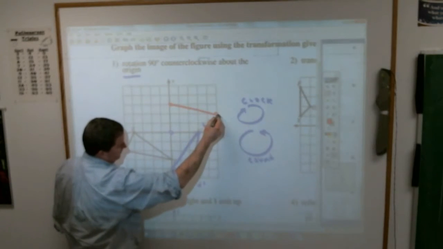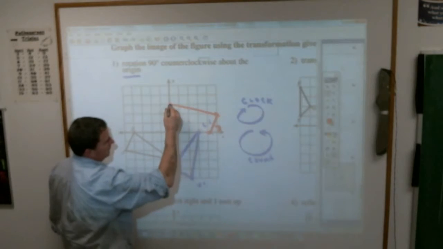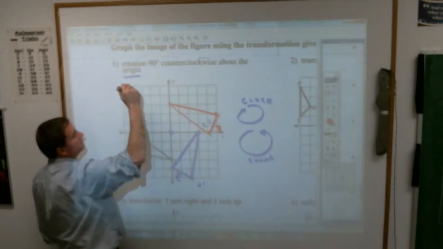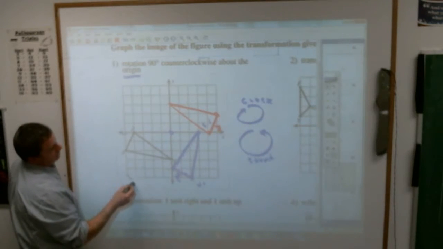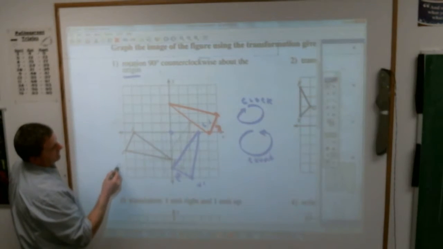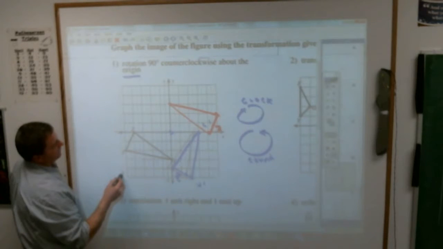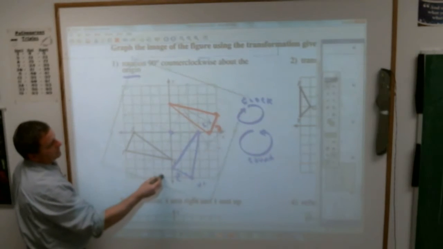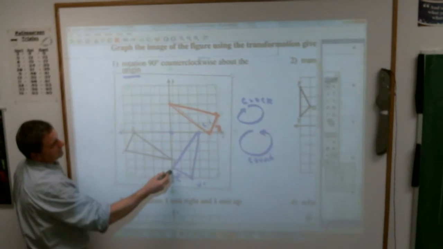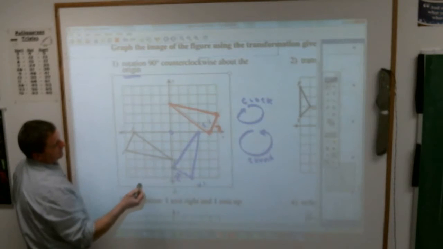So, bam. When you spin it, if you're moving it up there, somehow it matches.